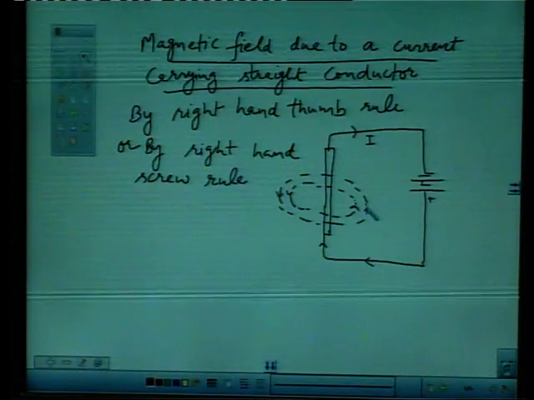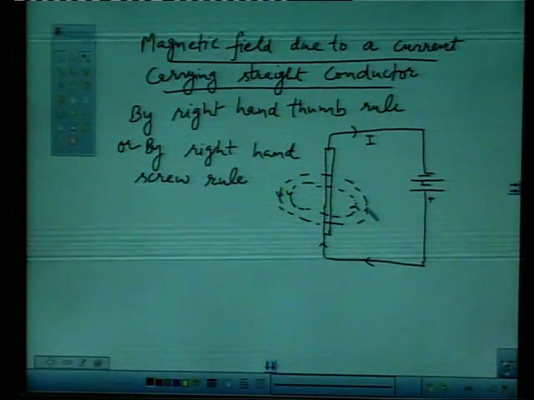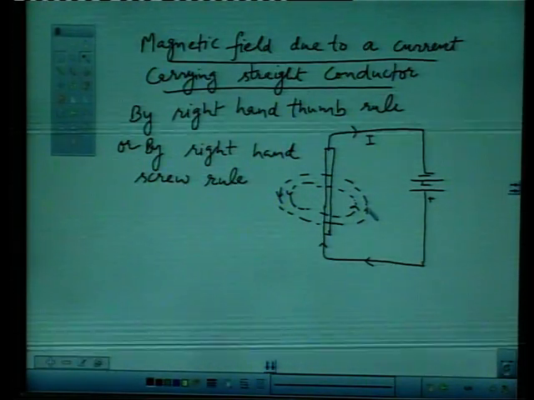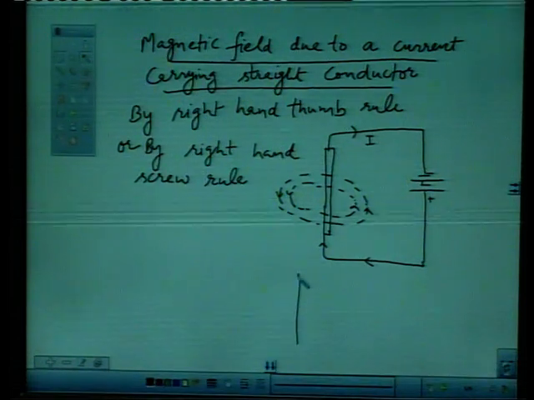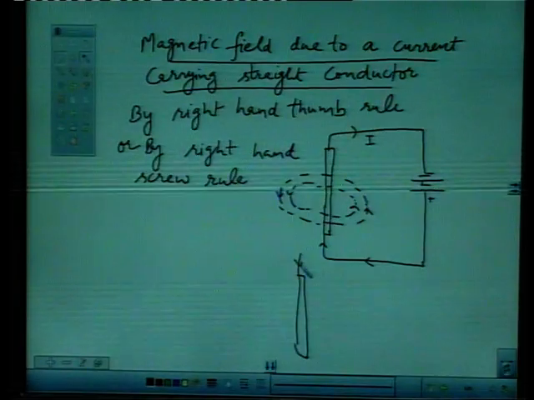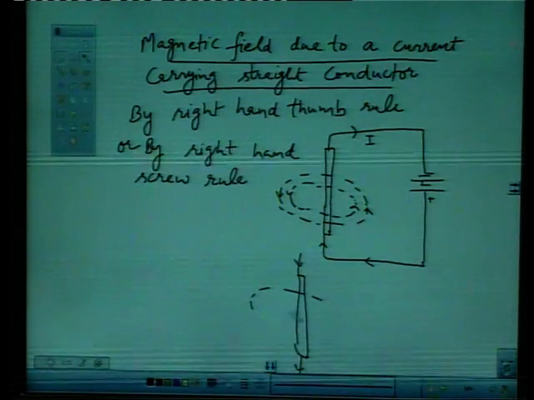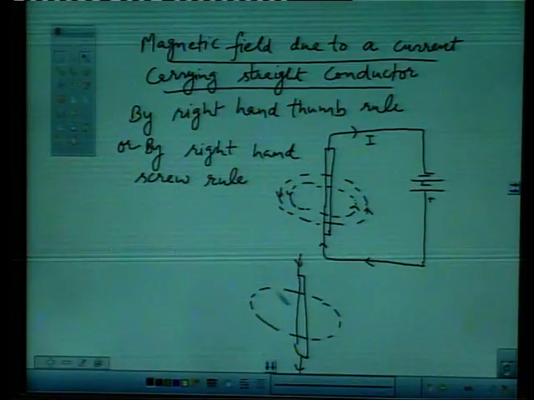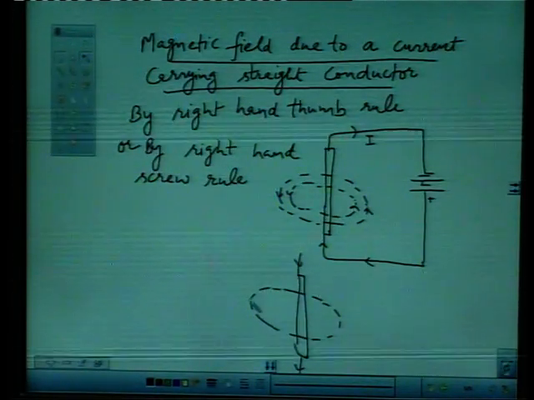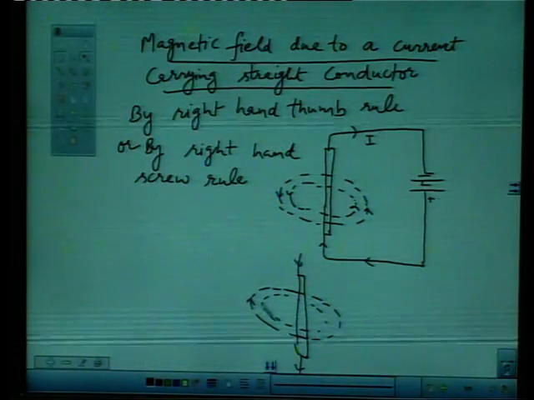If the current is moving upward, then the direction will be anti-clockwise. But if we reverse the direction of current, like if the current is moving in the downward direction, then the magnetic field will also get reversed. It will be in the clockwise direction.